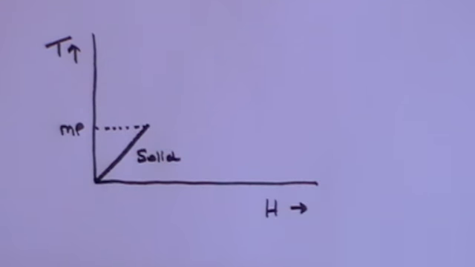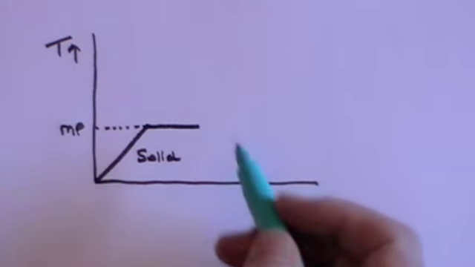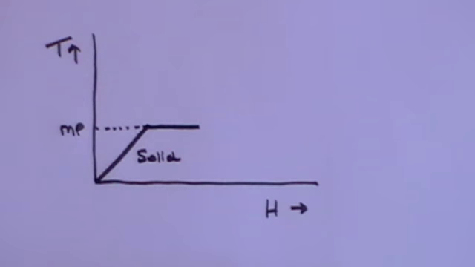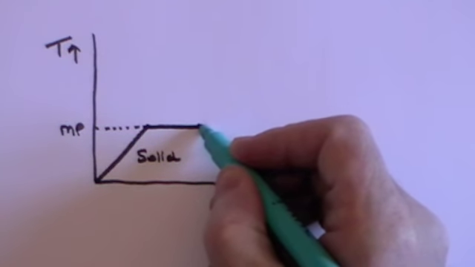At that point, any further heat will not raise the temperature, it will change the state. So there will be a certain degree of heat that you will need that keeps the temperature at the same level, but changes from solid to liquid. And once that's happened, you add more heat.